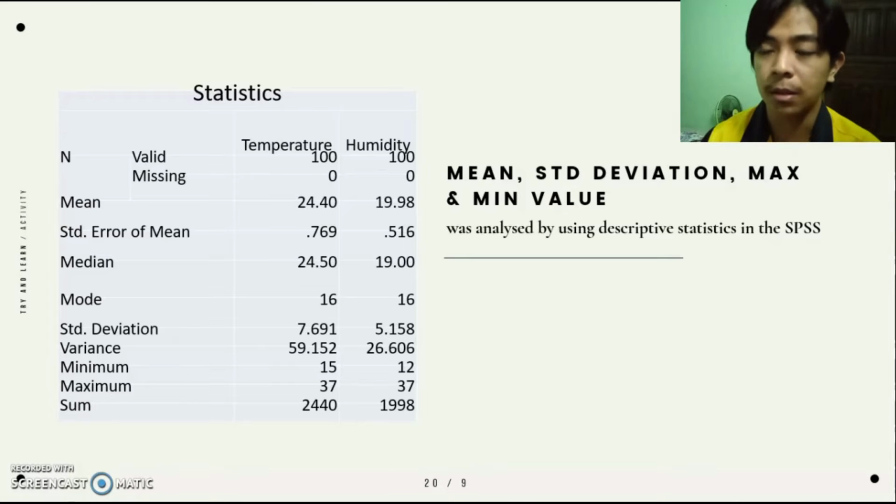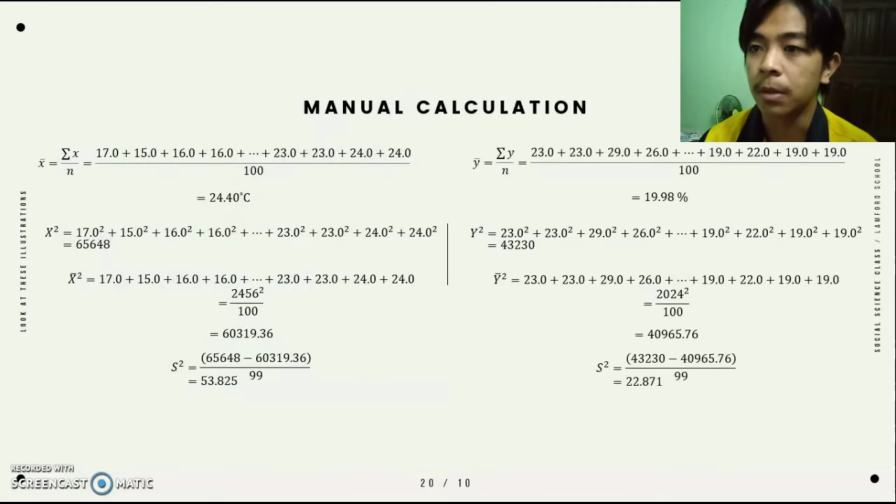And then the result that we acquired from the software is compared with the manual calculation. So basically this is the manual calculation for each variable x and y. So basically we have calculated the mean value. For the x, we get 24.40, which is the same as in the software.